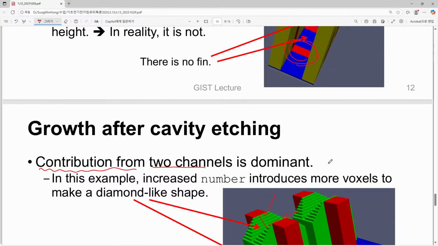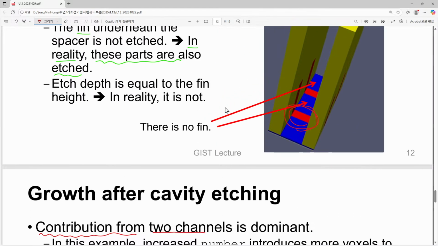It is quite understandable if you think about the distance. From this side, the halfway to go is just 8 nanometer, and from here to there we need just 8 nanometer to arrive at half of it. And how about this fin height? Fin height is 32, so even if we wanted to go just half of its height, we have to go 16 nanometer.